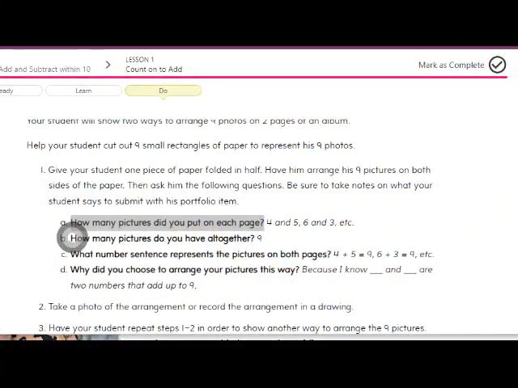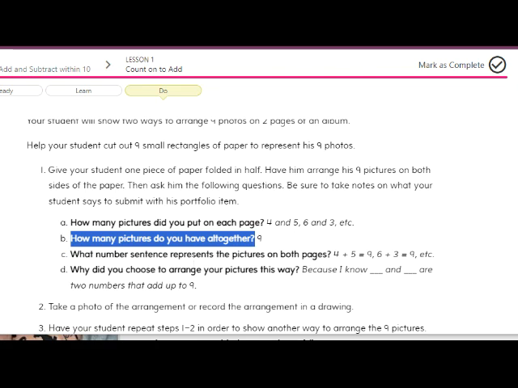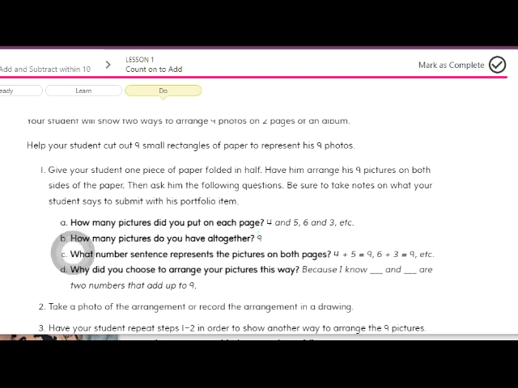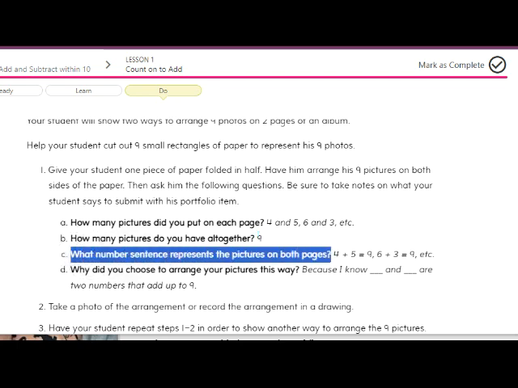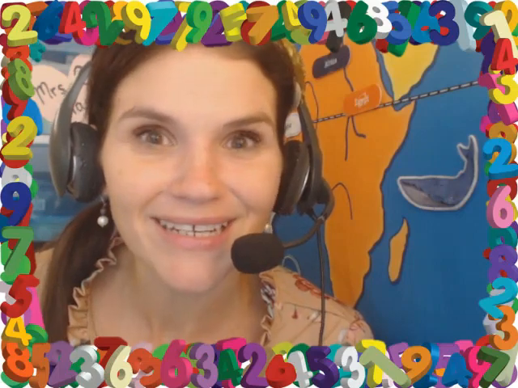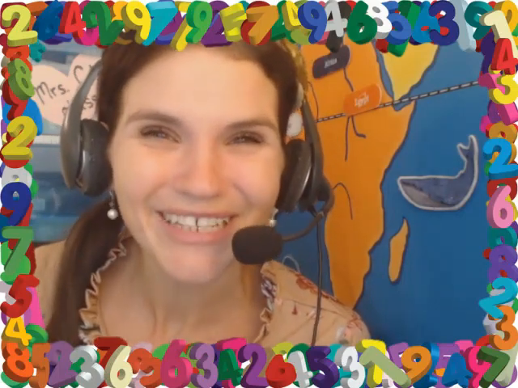All right, let's look at B. B says how many pictures do you have all together? So you should have, for that answer, 9, right? You should have all 9 on there. What number sentence represents the pictures on both pages? Now, this is really important because you guys should definitely be reading these number sentences. Did you know you can read numbers? You can.